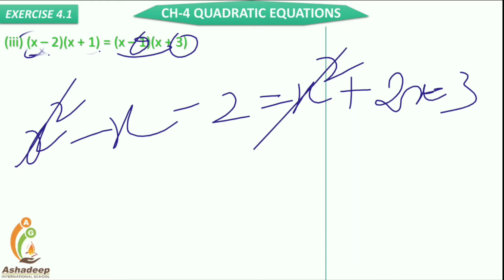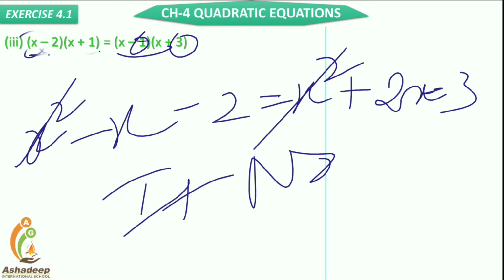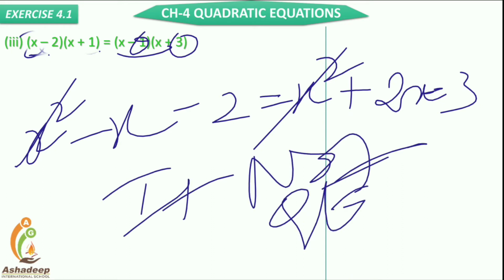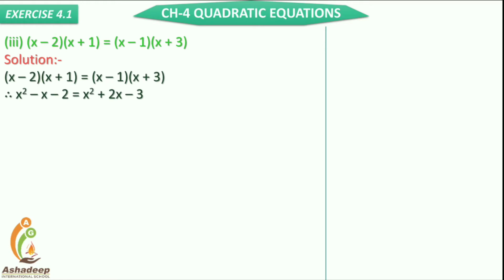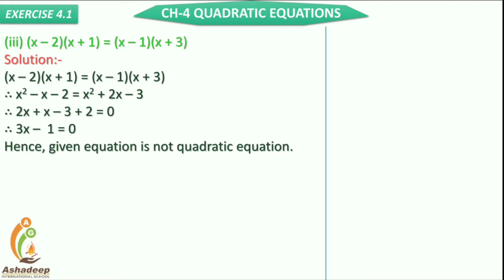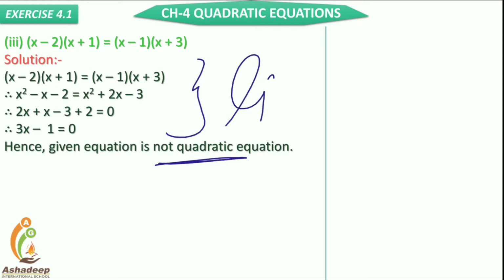If x square and x square cancel out, we can simply say it is not a quadratic equation. So let's see the solution. x square minus x minus 2, x square plus 2x minus 3. So 2x plus x minus 3 plus 2. Hence 3x minus 1. Hence it is not the quadratic equation. It is not the quadratic equation because it is a linear equation.